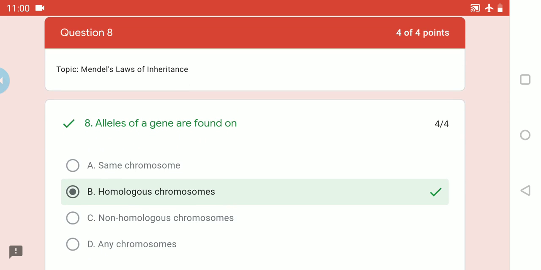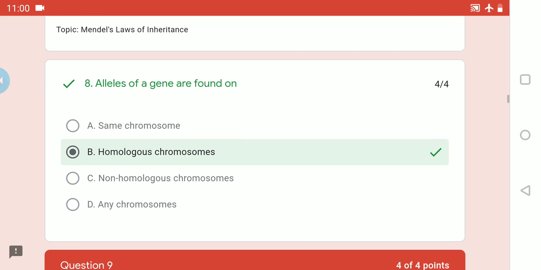The next question. The alleles of a gene are found on what? In the very first class of this chapter, I told you the meaning of alleles. What are alleles? A pair of genes present at the same locus on homologous chromosomes and controlling a single or contrasting characters.